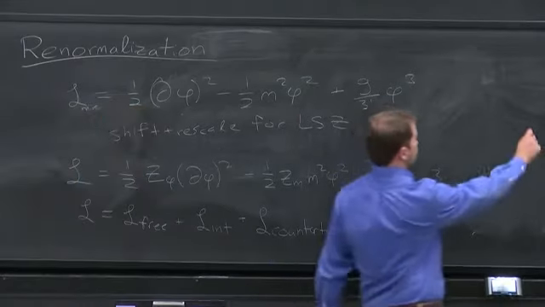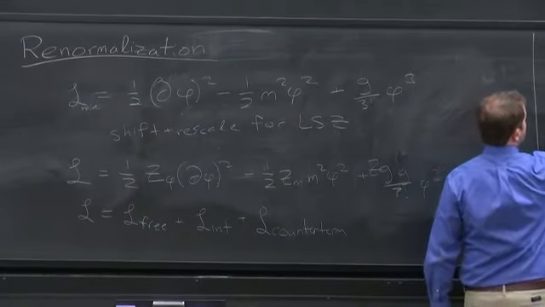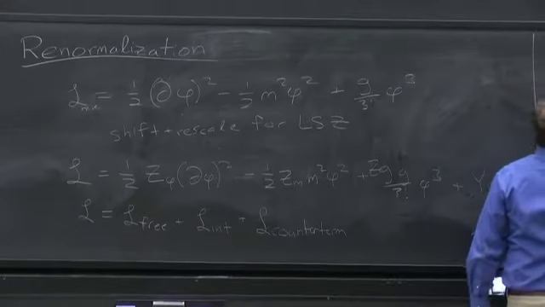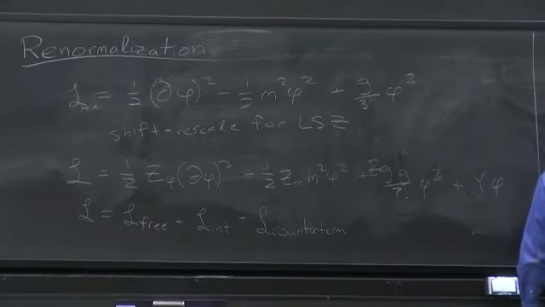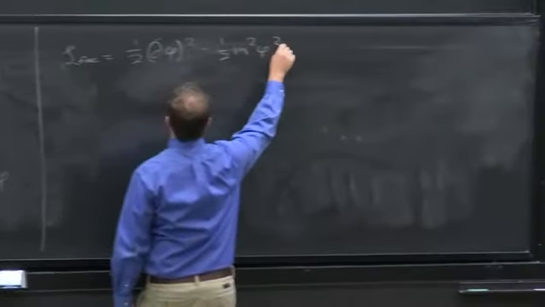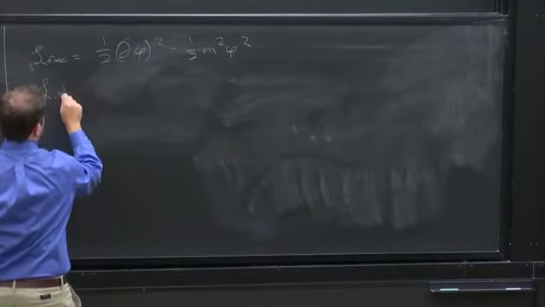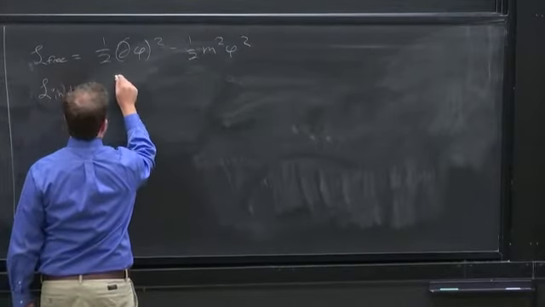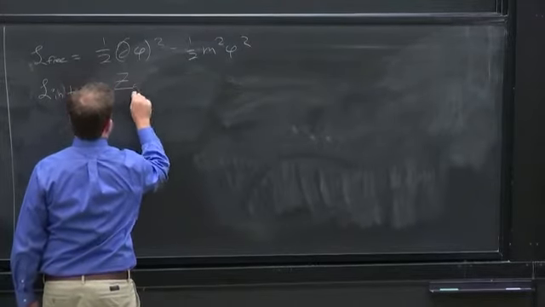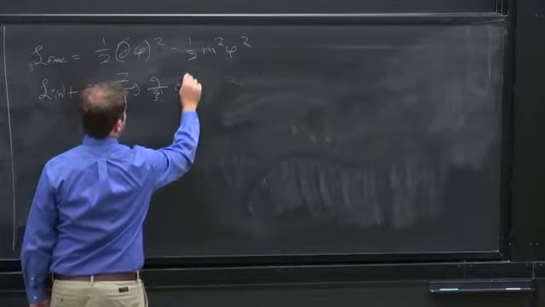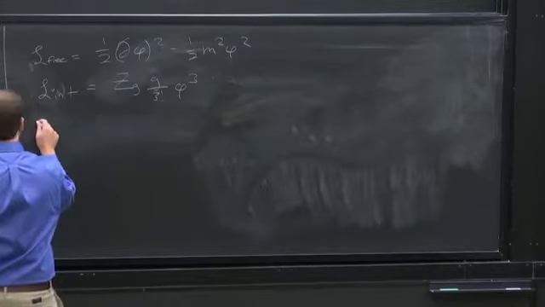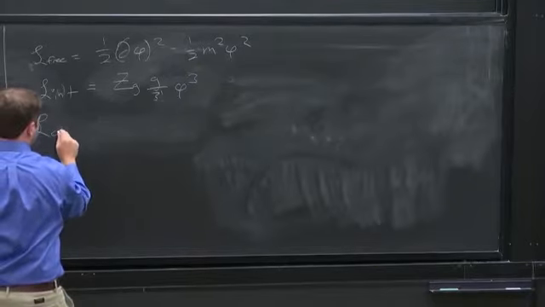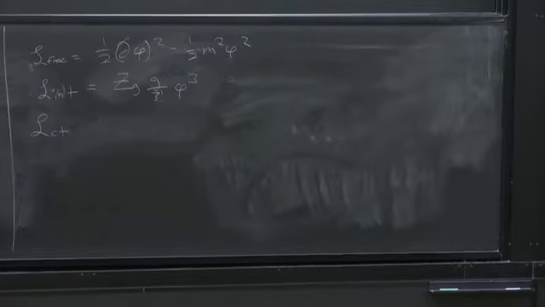So explicitly, L free is the Klein-Gordon Lagrangian. The interaction Lagrangian is the phi cube term that we wanted to add. And the counter term is all the extra stuff we get that we didn't want to add, but we have to add.